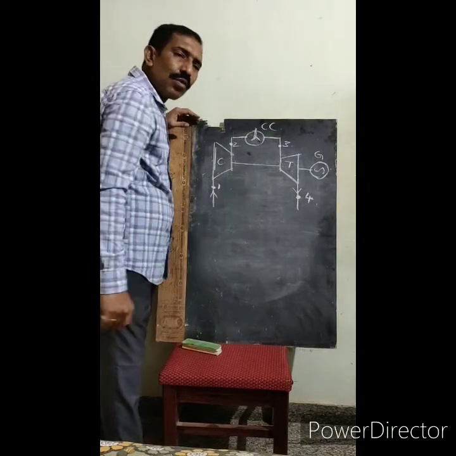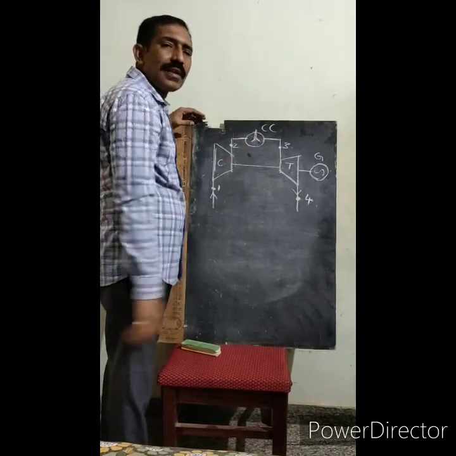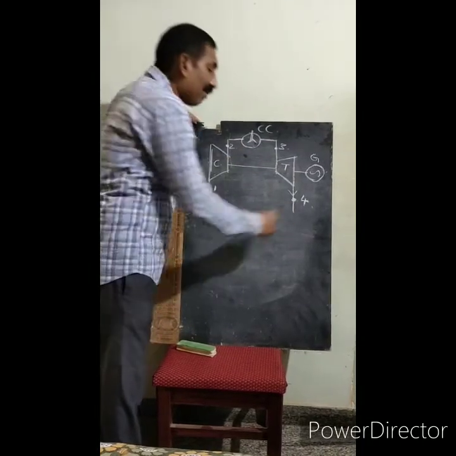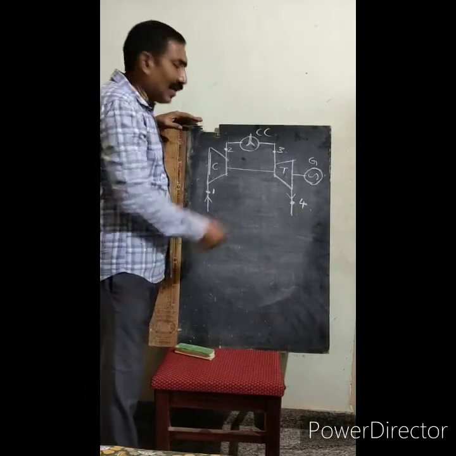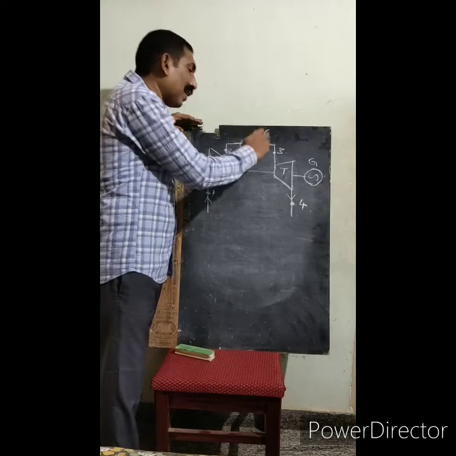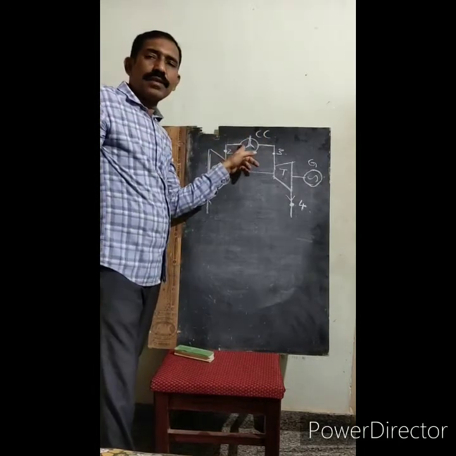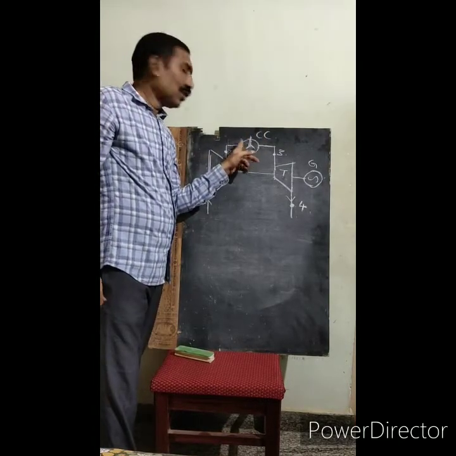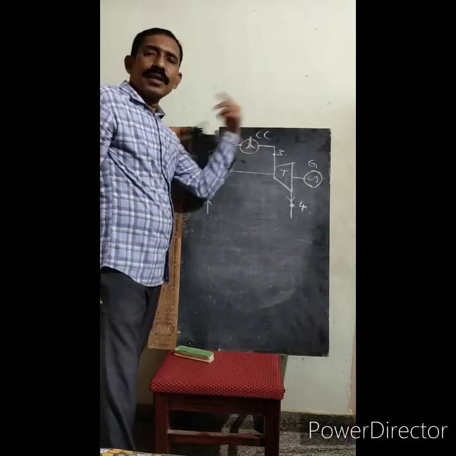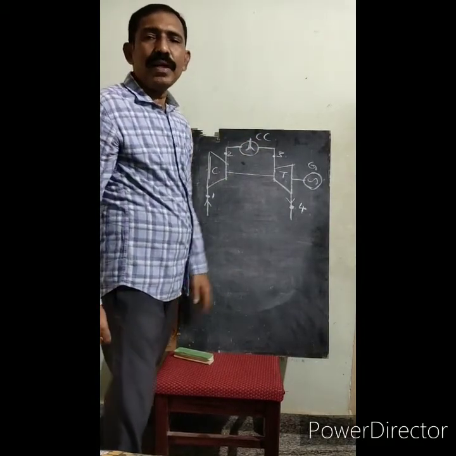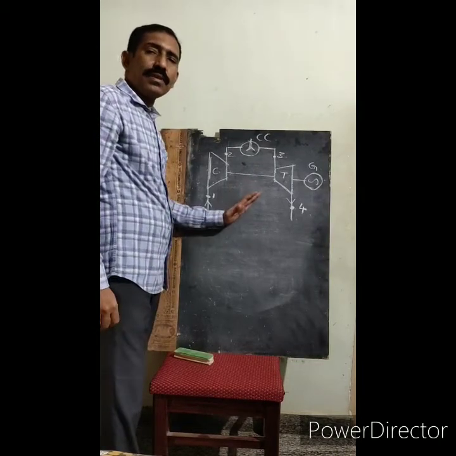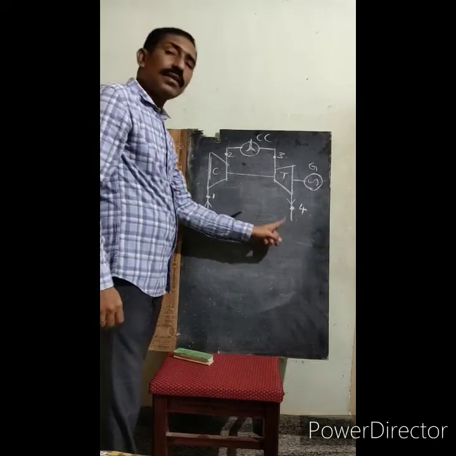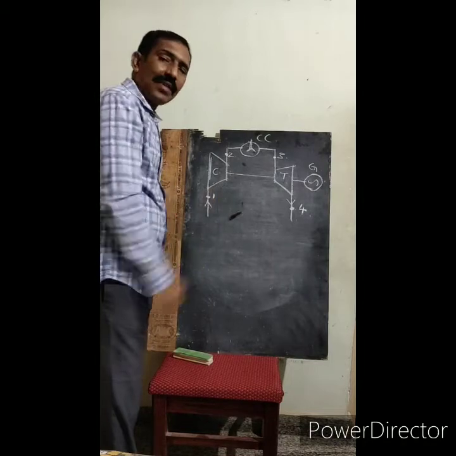Still they have a large amount of heat, and this loss of heat takes place. If this loss of heat is reutilized in the cycle, we can reduce the amount of heat supplied in the combustion chamber, so that the thermal efficiency will be increased. So how can we improve the thermal efficiency of the simple Brayton cycle? By using the regenerator. Let's have a look.